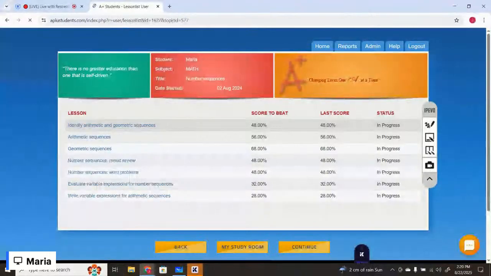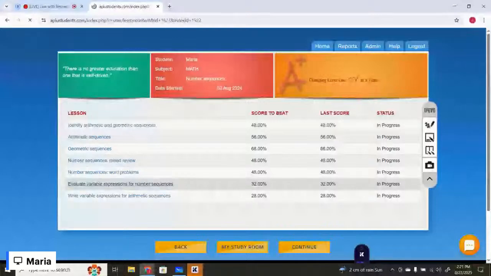Let me just move on to the next lesson. Evaluate variable expressions for number sequences.